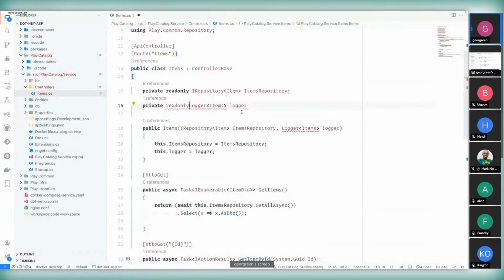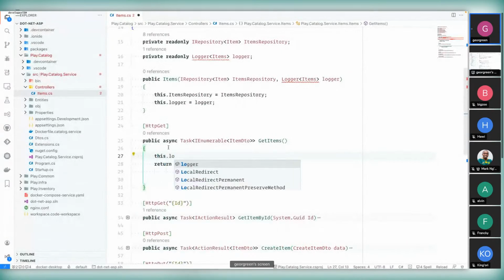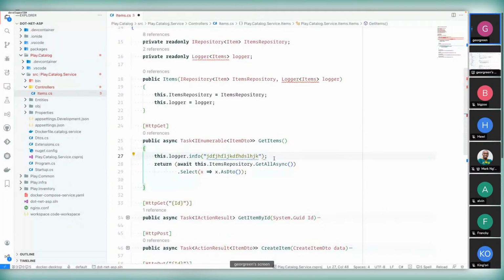And then most likely we do things like this, logger dot, and you say things like debug, or info, I think, right? And then you put in some stuff. So this is what instrumentation is. Instrumentation is adding code into your existing application so that it generates telemetry. And this is manual instrumentation.